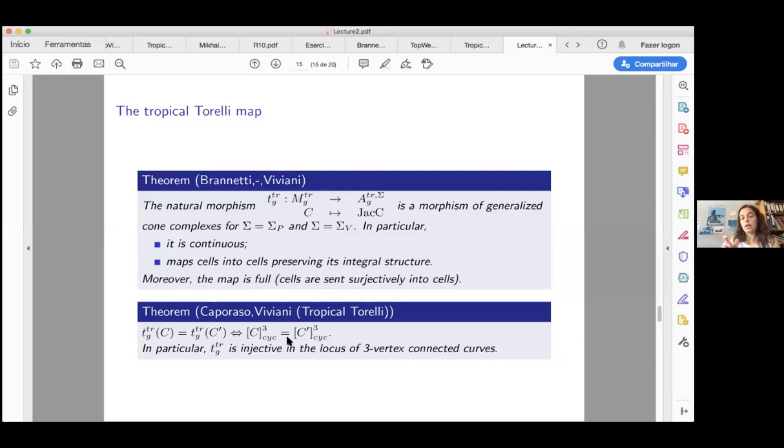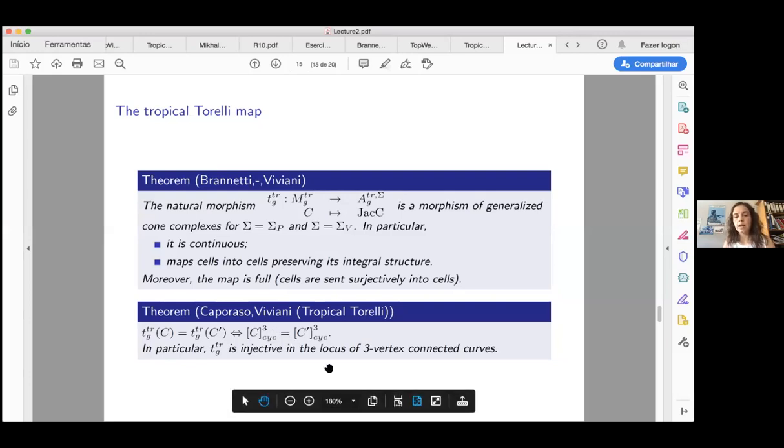If one is sent to the other via two types of operations: one is that you can contract separating edges, and the other is that you can contract pairs of edges that are in the same C1 set. The C1 set says that each circuit in your curve passing through an edge should pass through the other edge.